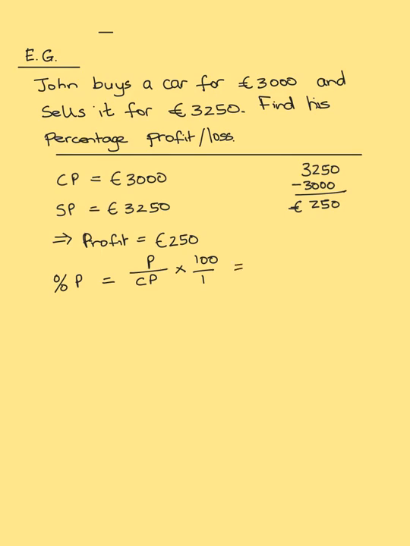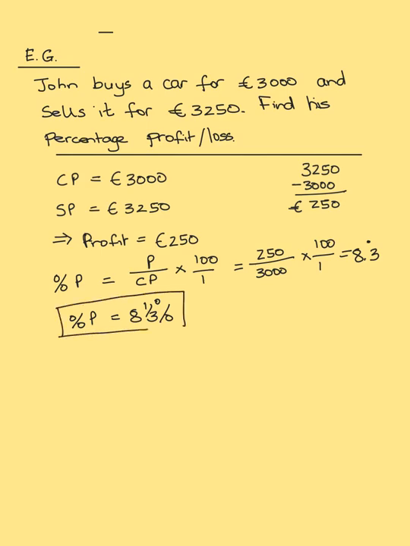So you can just fill those numbers. The profit is 250 over the cost price, and always check back, over 3,000 multiplied by 100 over 1. Now when we work that out, we get 8.3 recurring. It's 8.333, and that's 8 1/3. So our percentage profit is 8 1/3%. Now when you're doing the questions, I want you to show each part of it very clearly.